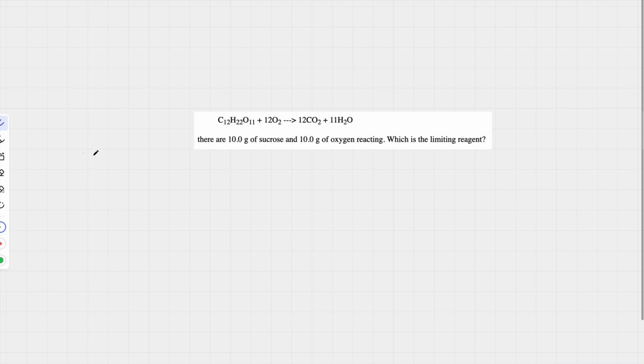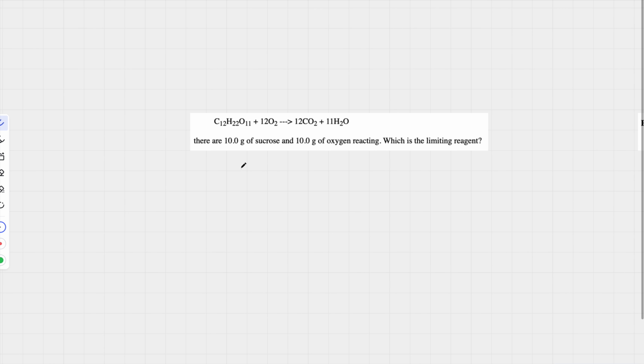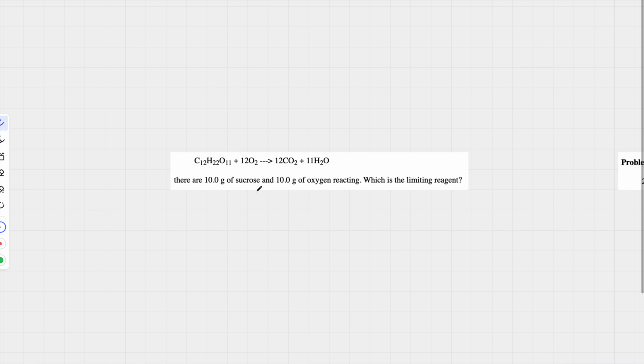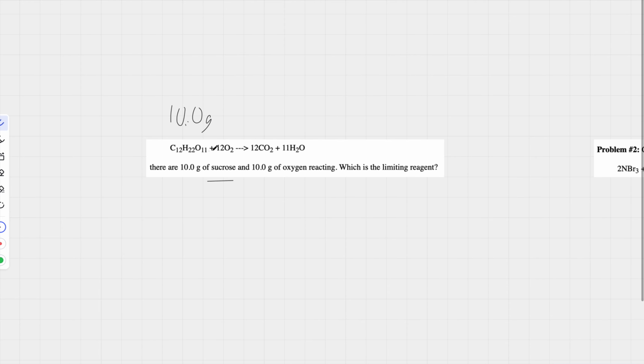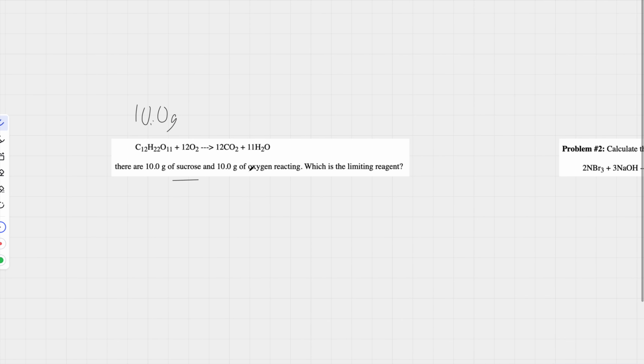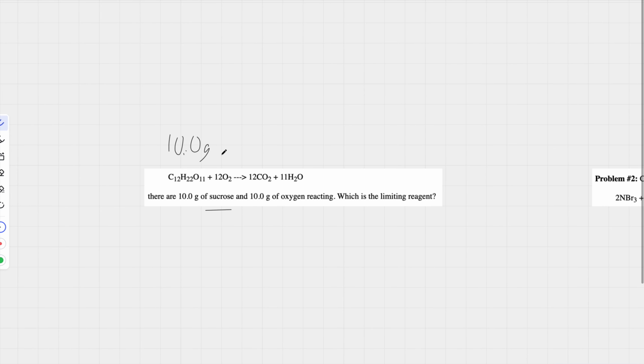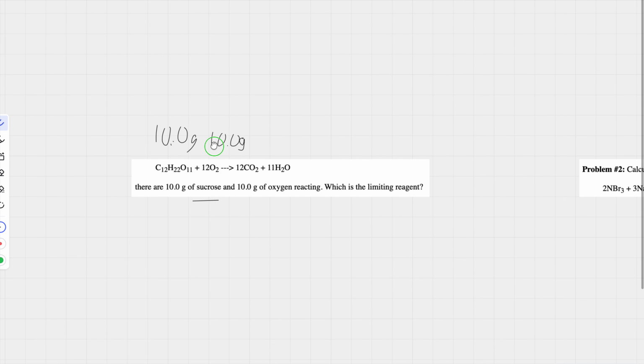What I'd like to do is put the mass above the desired substance. So here we have 10 grams of sucrose, so it would be right above where sucrose would be, right here. Then 10 grams of oxygen reacting, so this would also be above oxygen.